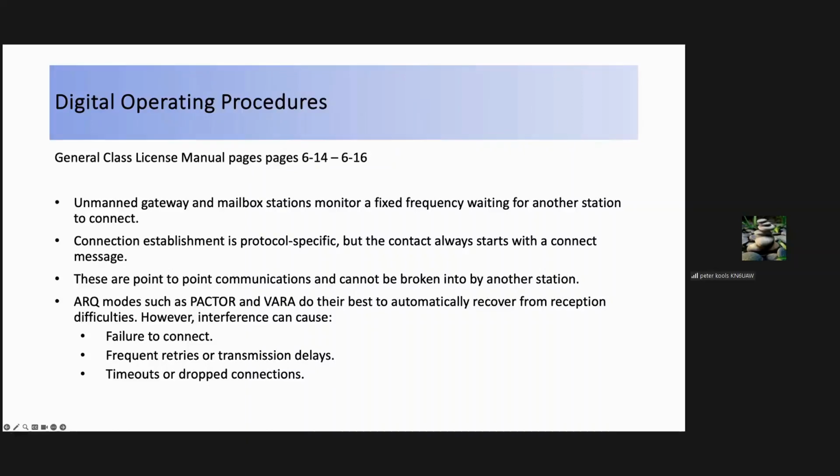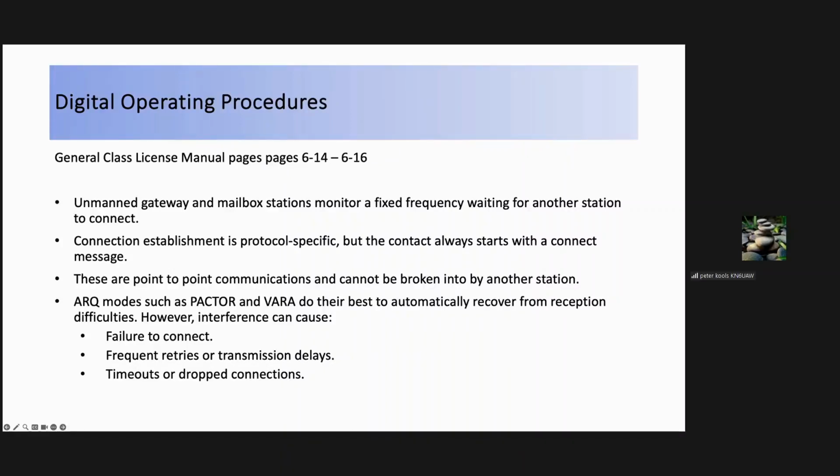So for example, a Winlink gateway will monitor a particular frequency, sometimes at a particular point in time, listening for transmitters like me or you who want to send a message. The connection establishment is protocol specific. So whether you're using Pactor or Vara or some other protocol, the contact always starts with a connect message.